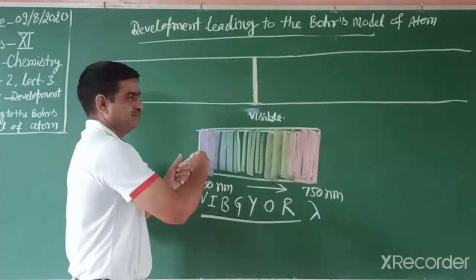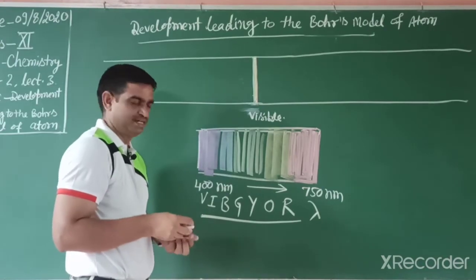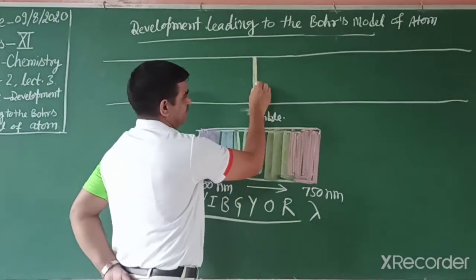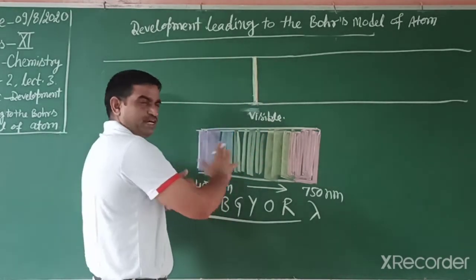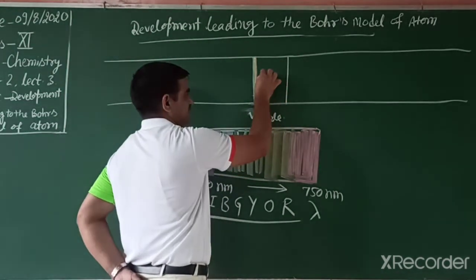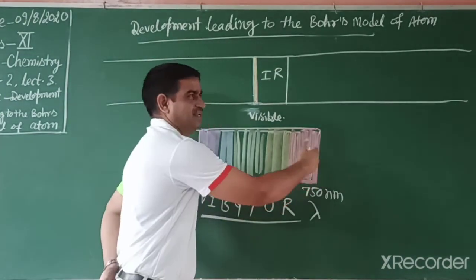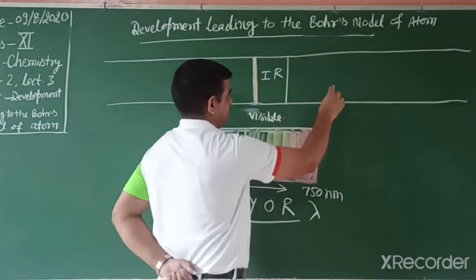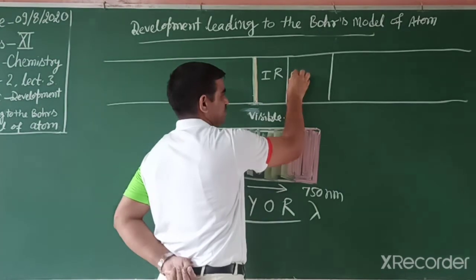Students, how can we remember this data? It comes many times in exams in this area. Near the red color, because violet and red are very small and we extend only this, on this side you can write IR, infrared. Why? Towards the red color, that is infrared. And further beyond red, on this side we can write microwave.